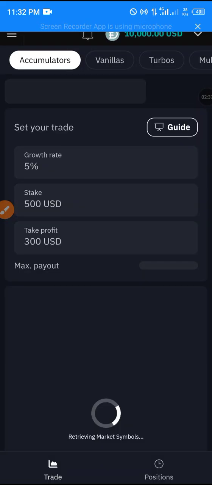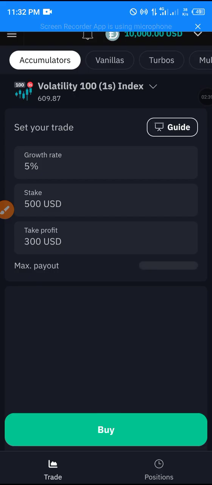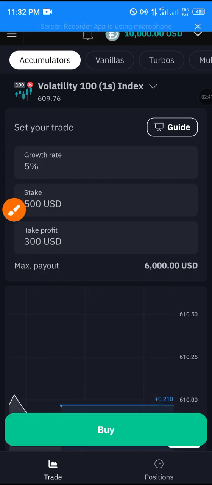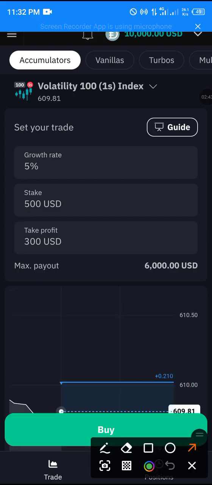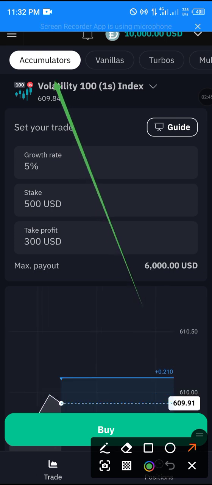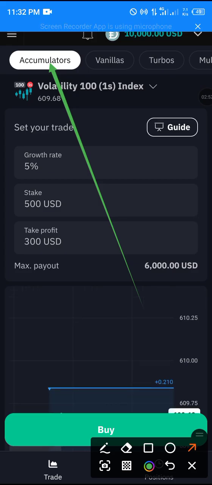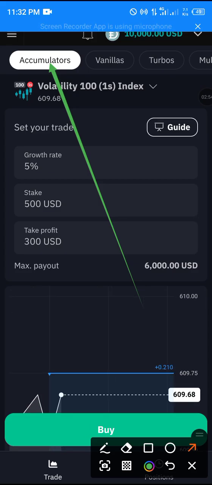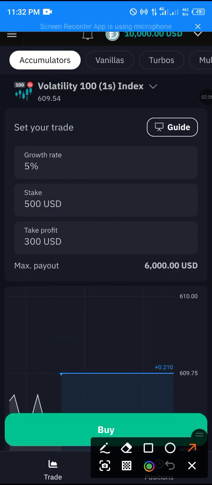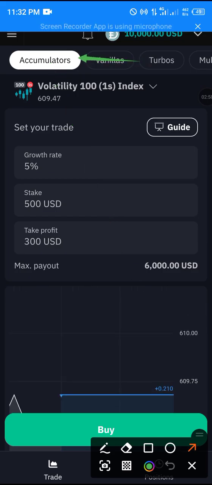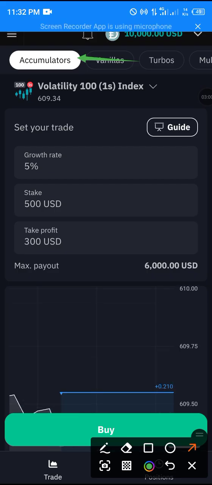Right now it has opened, and where we are is options trading in Deriv. We have a lot of options which I explained to every one of you, but the first one of it is accumulators.